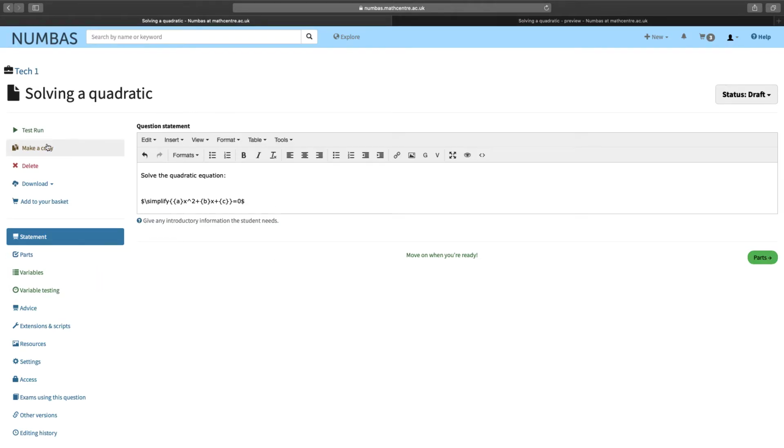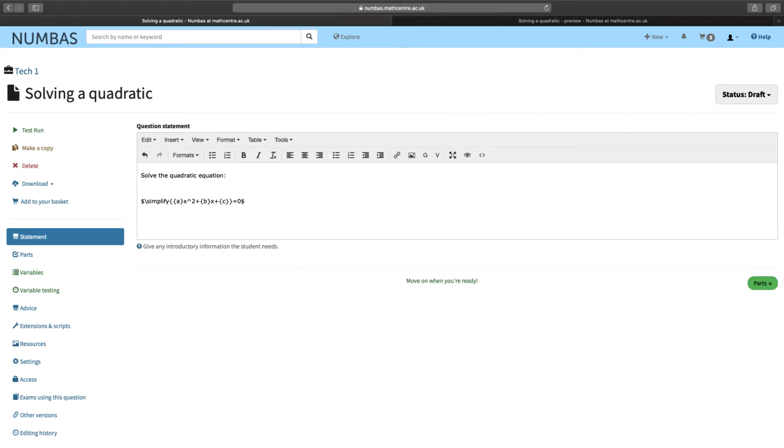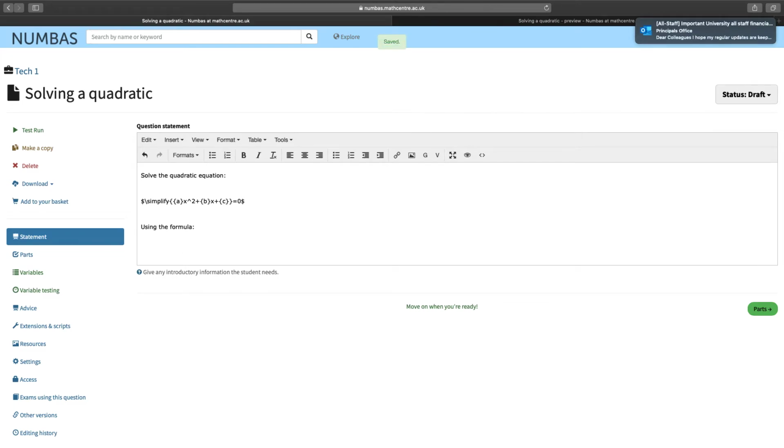Right, so we've got solve the quadratic equation, ax squared plus bx plus c equals 0. And I'll even give the students the quadratic equation using the formula again. It's going to be in LaTeX, so we need the $ sign.